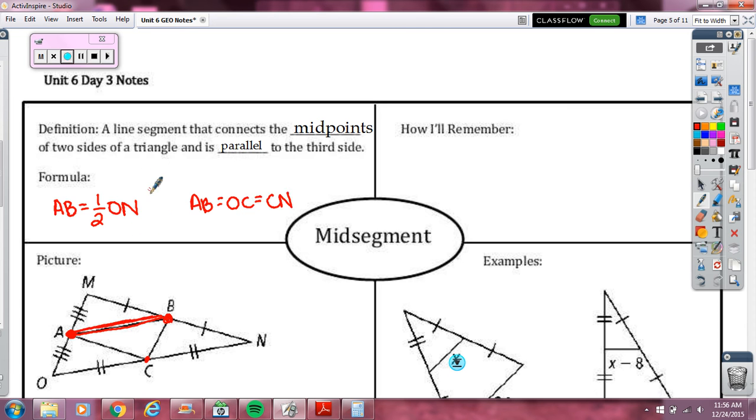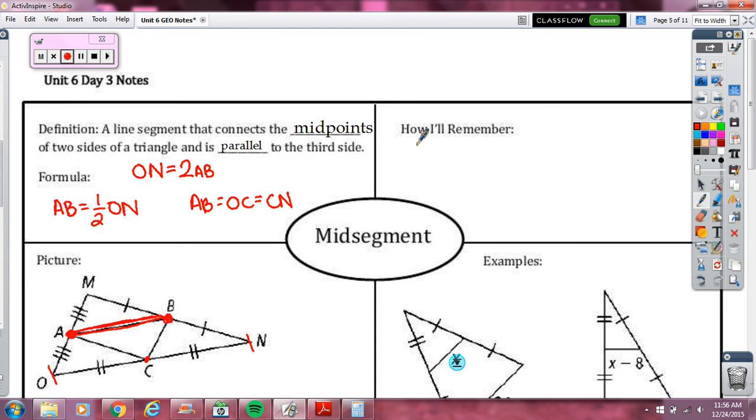Another thing you could say, if AB is half of ON, then ON would be 2 ABs. So 2 of those red ones gives me the whole ON.